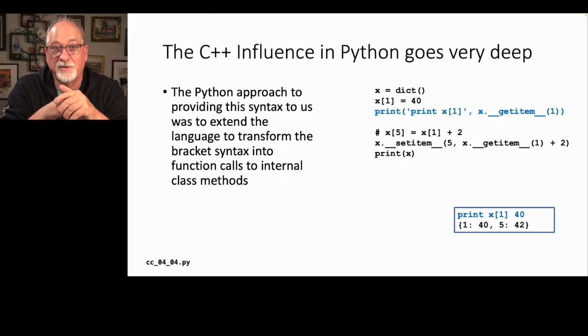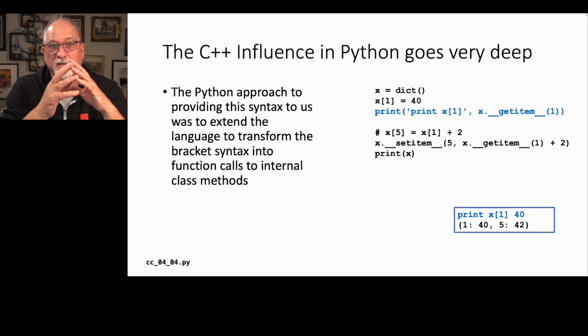And here's the thing where it all comes together. So Python saw the beautiful syntax that C++, when you did the right things, the compiler would let you use this beautiful syntax and still call your methods inside the object.